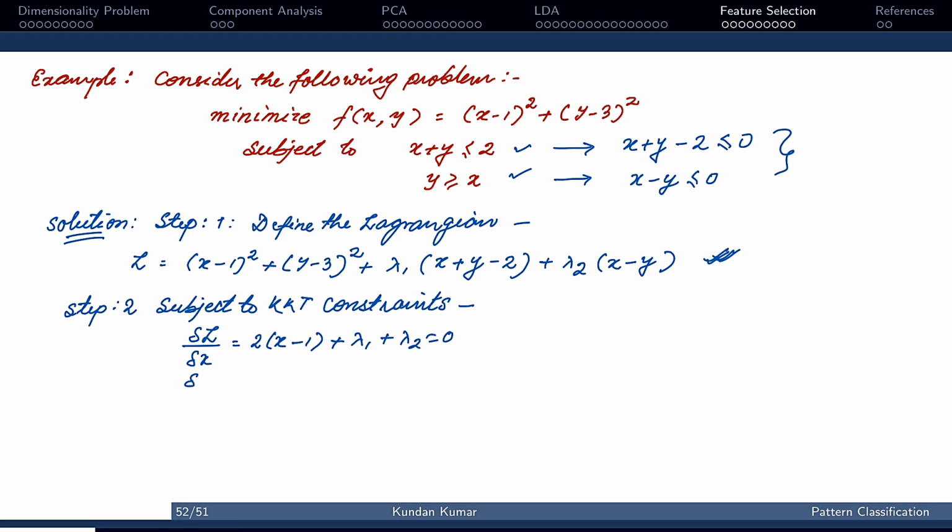The other constraint is the first derivative of the Lagrangian with respect to y, which we obtain as 2(y minus 3) plus lambda 1 minus lambda 2 equal to 0. Then we will have the constraint lambda 1 into (x plus y minus 2) equal to 0.